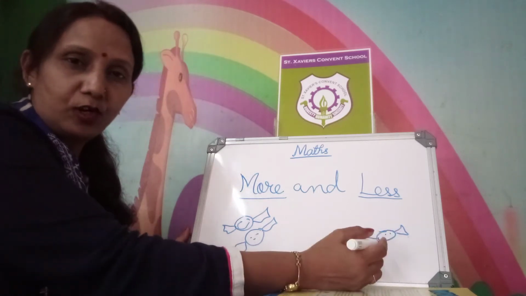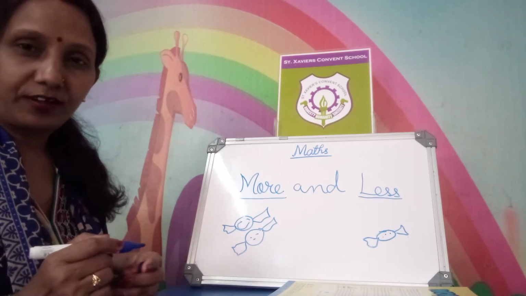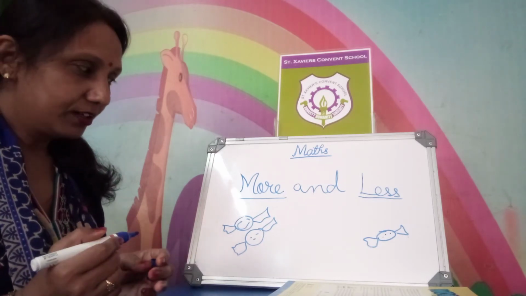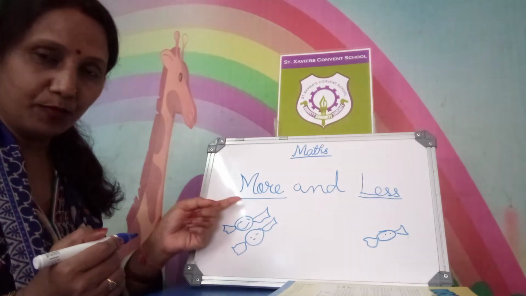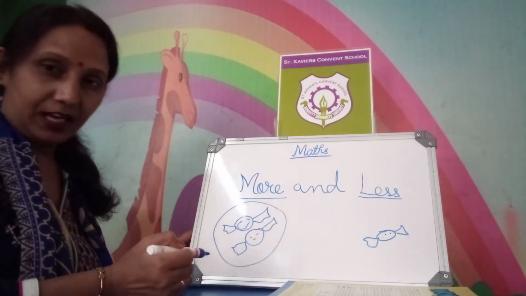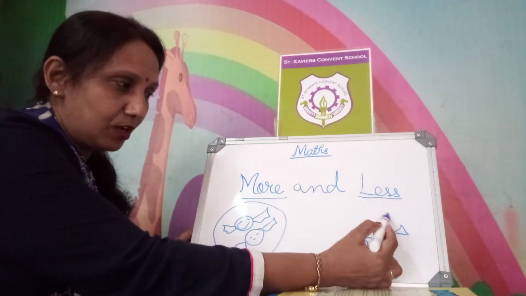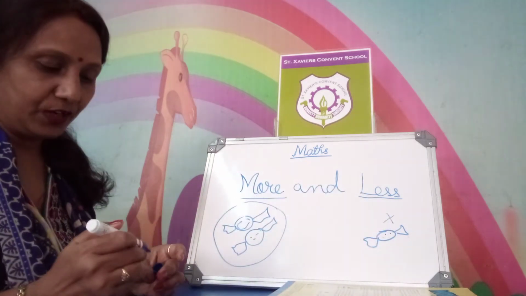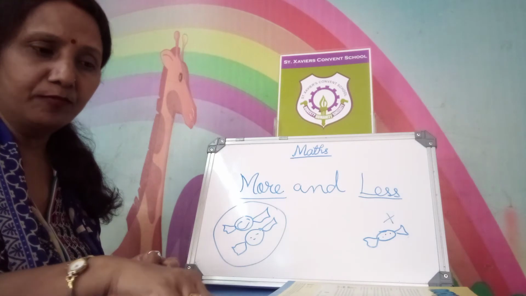This side 1 toffee, here 2 toffees. So which is more? Where it's written more, M-O-R-E, more. So circle this picture. And which one is less? 1 is less, so just cross here. Alright. So that is the comparison between less and more.